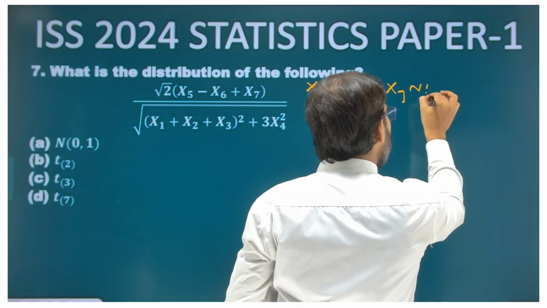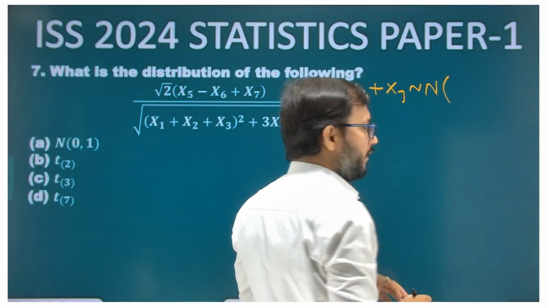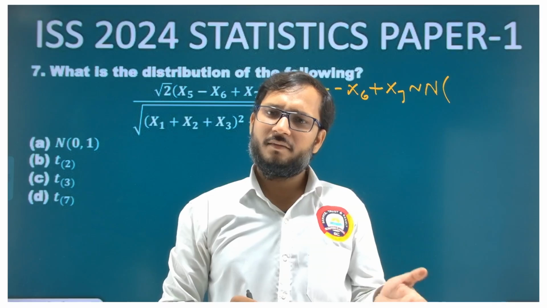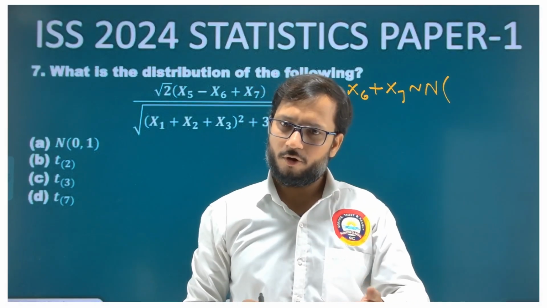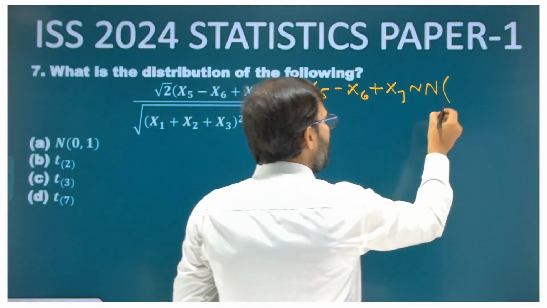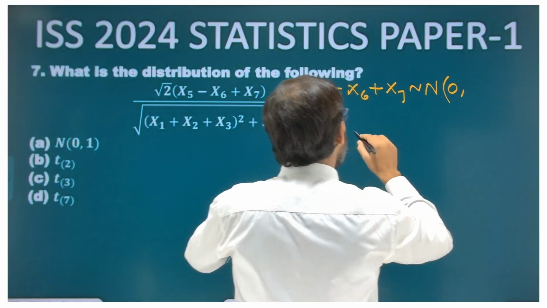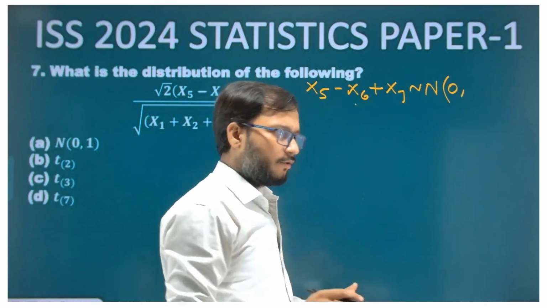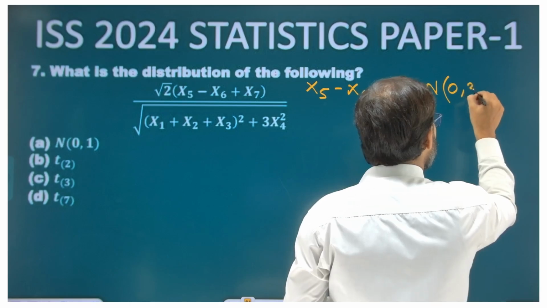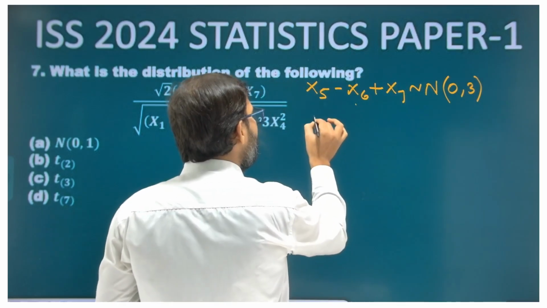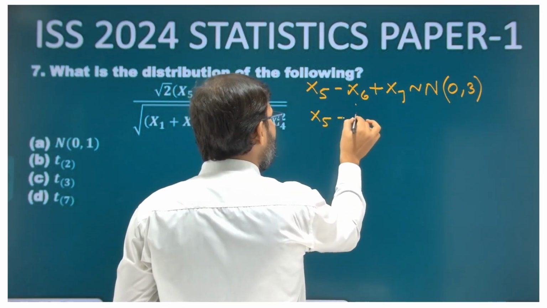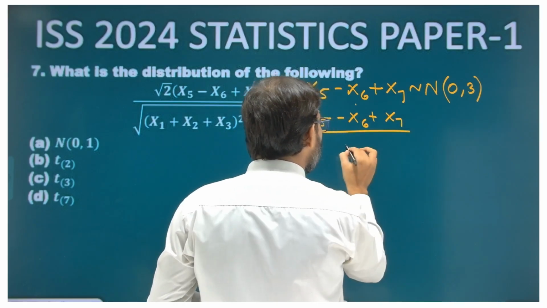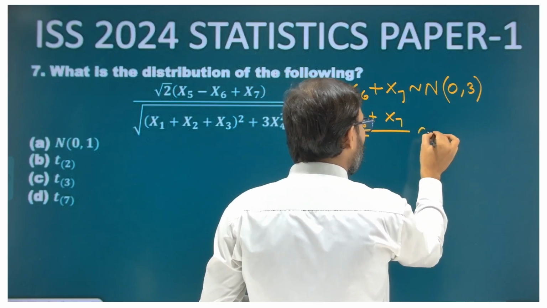And you know that if there are independent normals, then their linear combination is also normal. So it is normal with mean 0, and what should be the variance? 1 plus 1 plus 1, because there is no covariance. Got the point? So 1 plus 1 plus 1, 3. So if I write x5 minus x6 plus x7 upon root 3, again this will follow normal 0, 1.